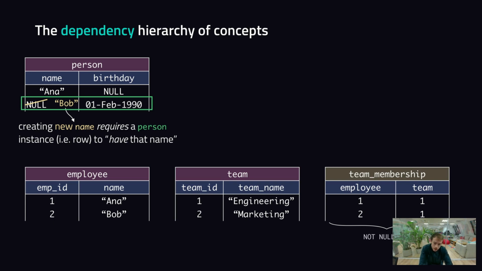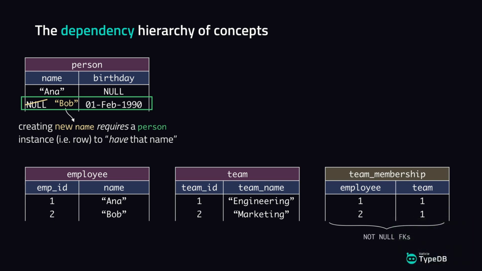This is an example with three tables: employees, team, and team membership. And I want to make the additional assumption here that in the team membership table, which has two columns, employee referencing employees and team referencing teams, the foreign keys that reference these different rows in the different tables have to be not null.